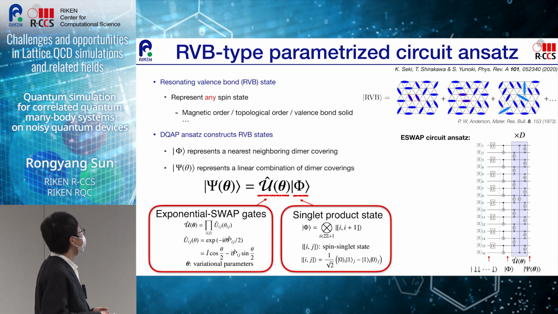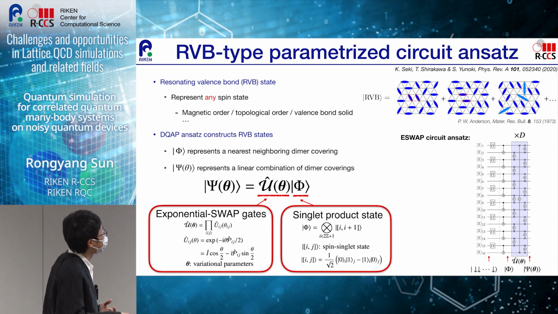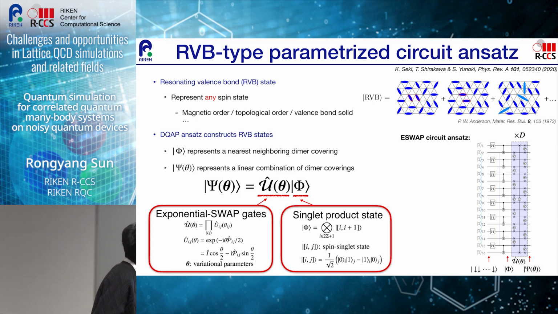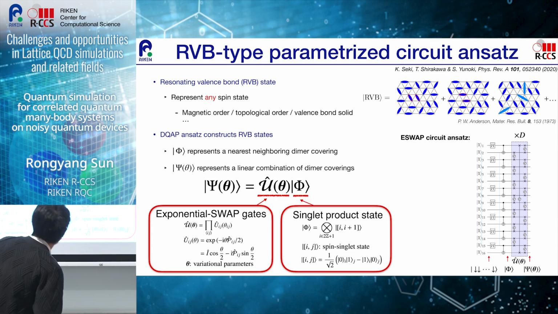We found that this DQAP ansatz actually constructs such an RVB state. You start from a dimer covering, the direct product state of your bonds, and then you apply a lot of E-swap gates. These gates change the bond pattern, and finally it forms a superposition of these bond coverings, which is nothing else but an RVB state.